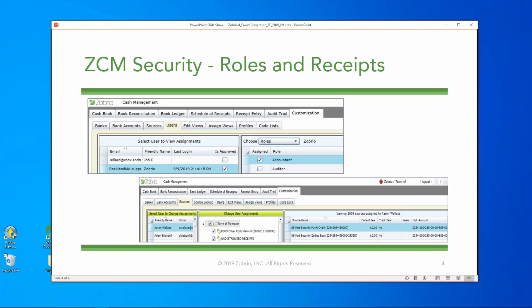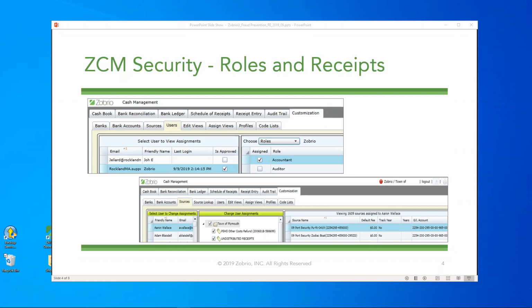Or it could run all the way the full gamut of total admin rights to the whole system, where you can enter receipts, you can deposit them, you can report on them, you can turn them over to accounting. And there's all levels in between those two extremes.